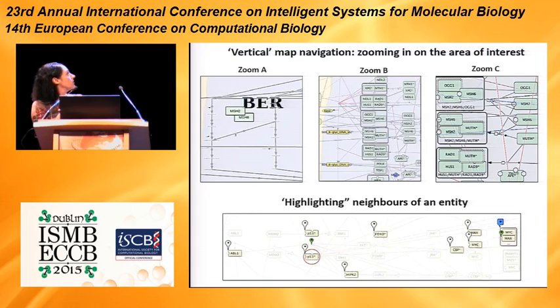Vertical map navigation is simply zooming in on the area of interest, and we implemented here a semantic zooming principle, where at each zoom level only the essential level of information is shown, starting from a top-level view where only the structure of maps is shown, up to a very detailed one where all regulations are shown.